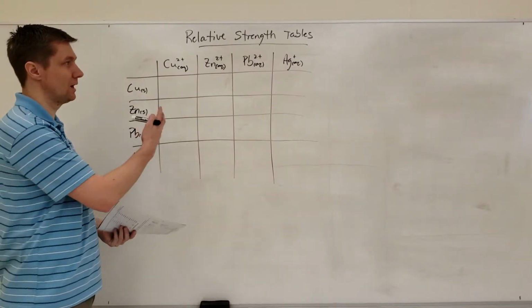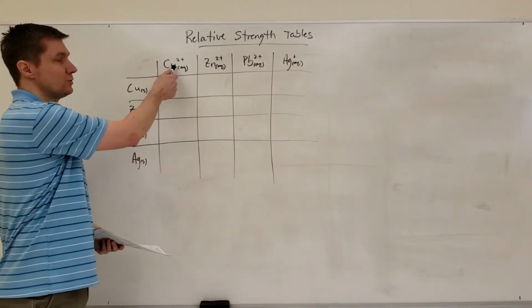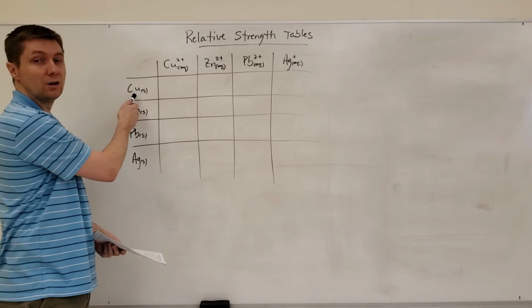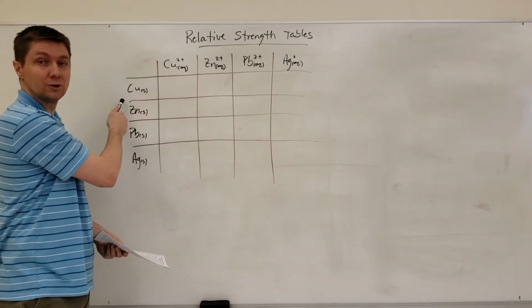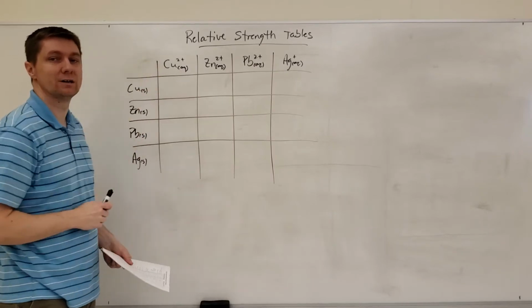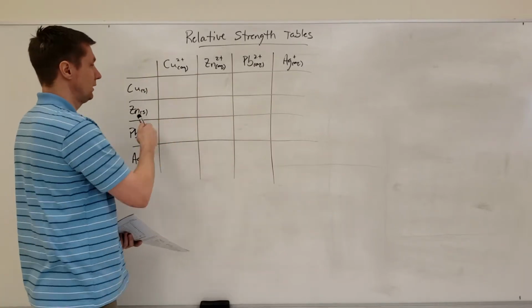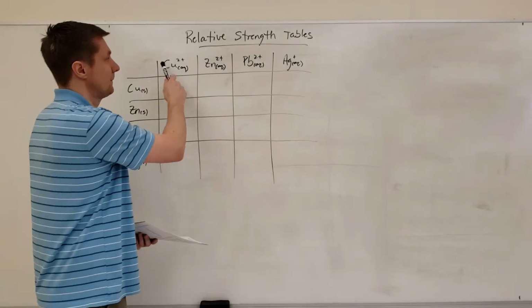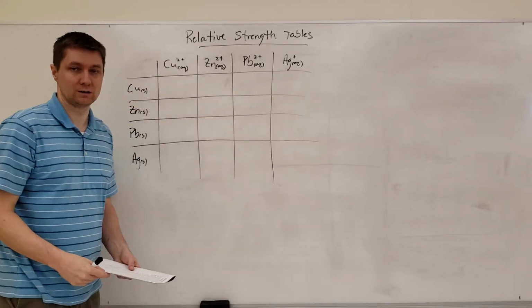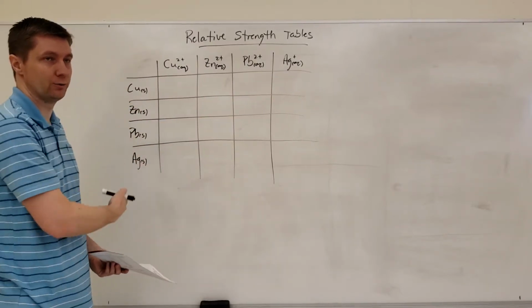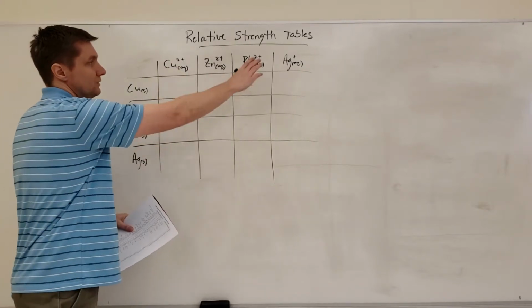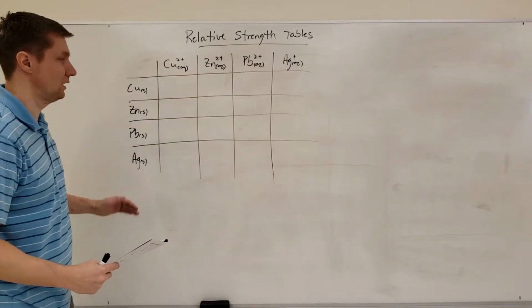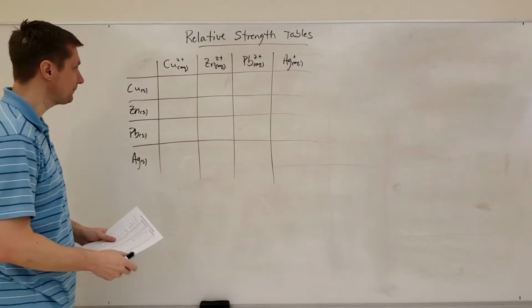You have to quickly identify: okay, if copper 2 positive turns into copper solid, then I know that copper 2 positive has to gain 2 electrons to do that. So this is an oxidizing agent. And you look at all of these, and that's the case. They will always put all the oxidizing agents together and all the reducing agents together. Otherwise, these charts don't work. So my oxidizing agents are across the top and my reducing agents are down the side.